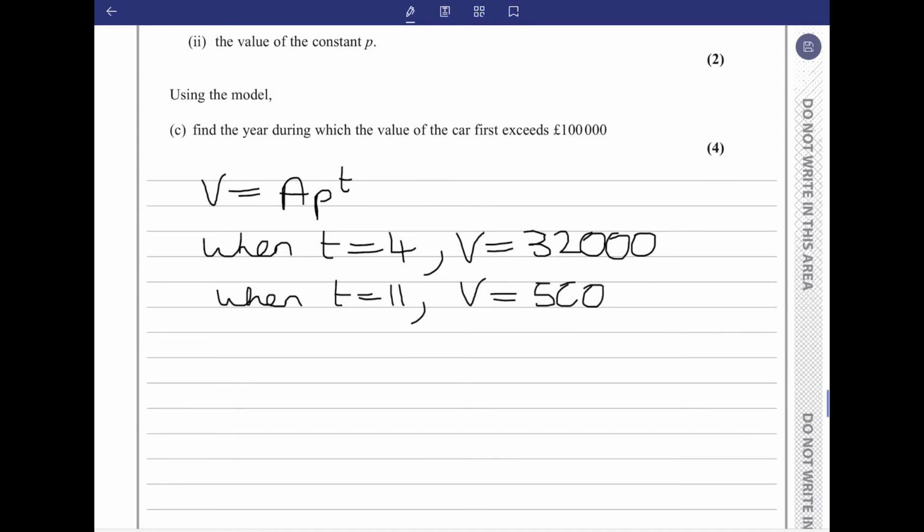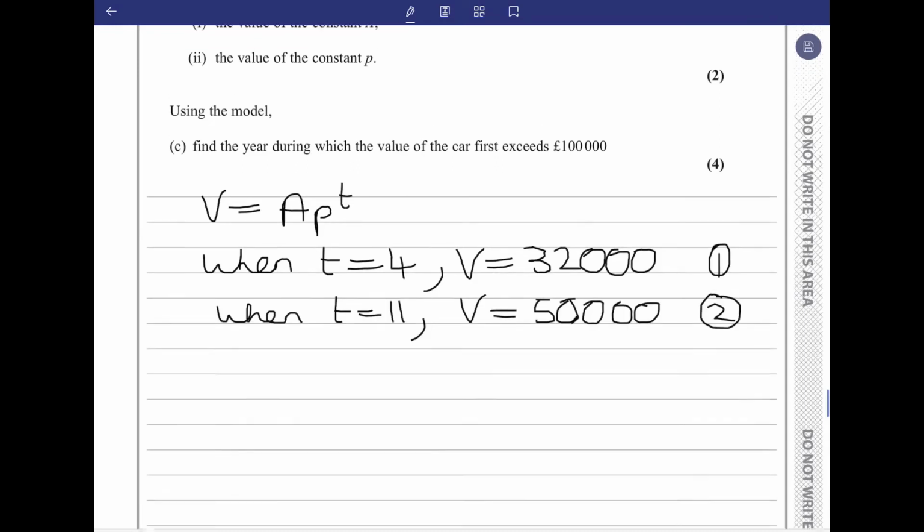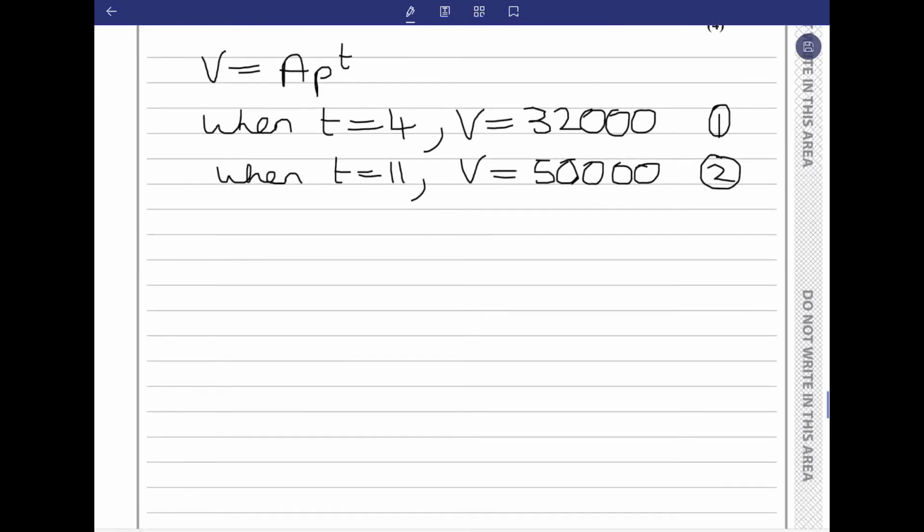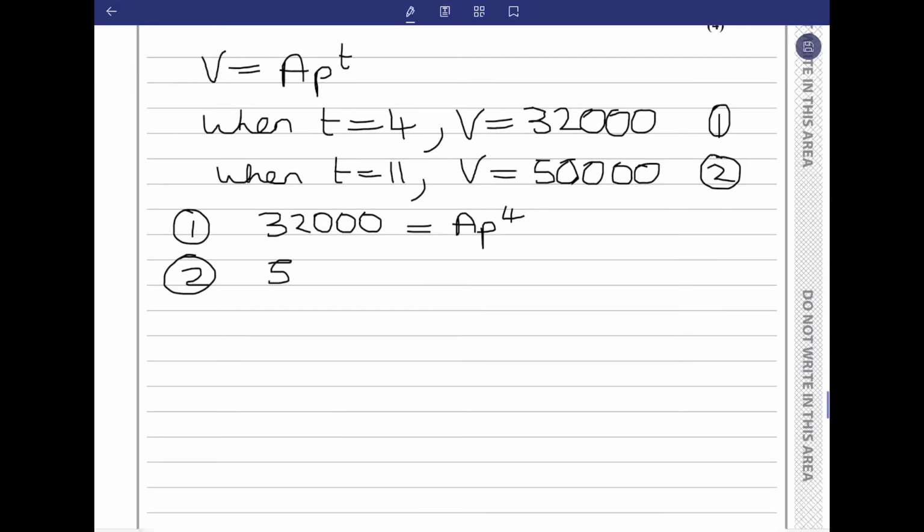That's just interpreting the two statements above. So let's plug these into our formula. Let's call these 1 and 2. So for number 1, we get 32,000 equals A P to the 4. For number 2, we get 50,000 equals A P to the 11.